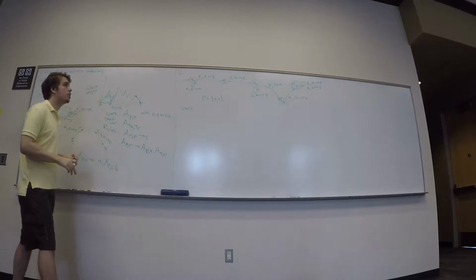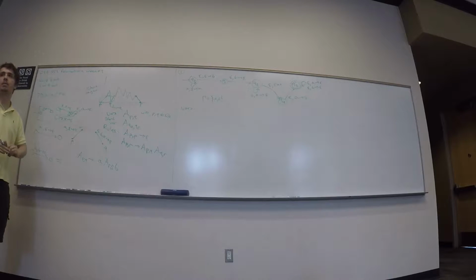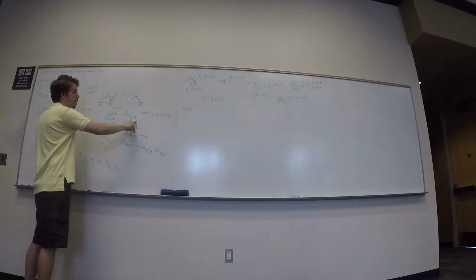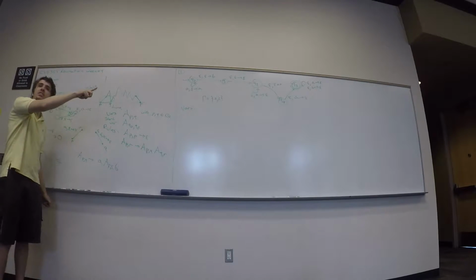So what are the variables of the grammar that I'm going to make? What are the variables going to be? Well, let's see. It says that we're going to have all choices of P and Q as states. Well, I have 5 states here.